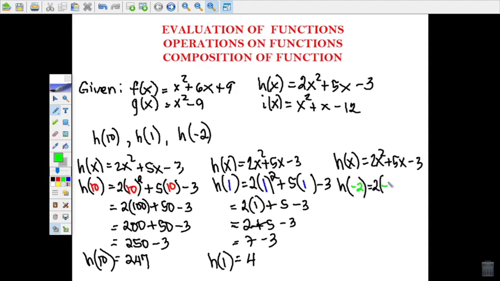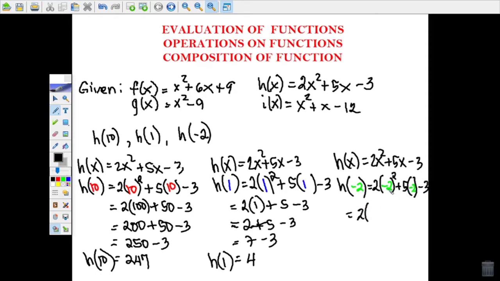So, 2 times negative 2 squared, plus 5 times, that is x again, so negative 2. 5 times negative 2, minus 3. Then simplify.